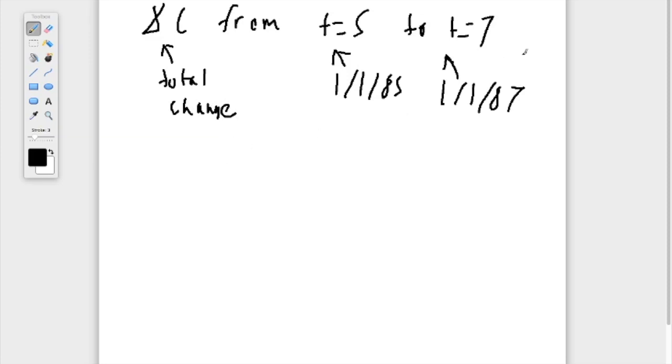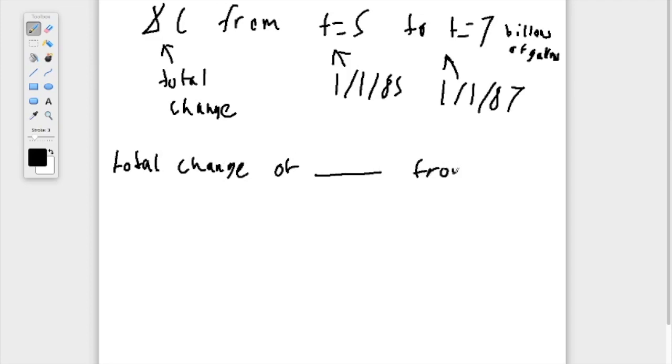And remember what I was saying about the units? This is measured in billions of gallons. So basically, replacing everything: total change of blank from 1/1/85 to 1/1/87. Now, what is supposed to be that blank?